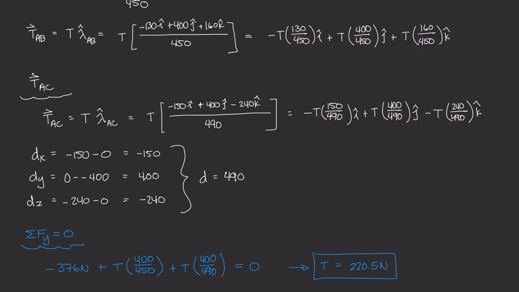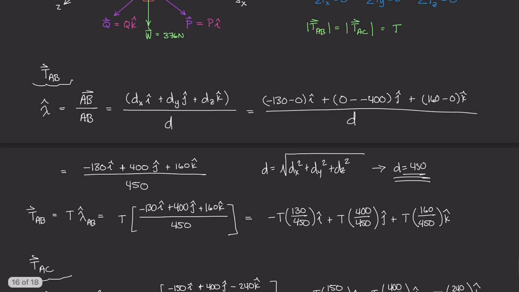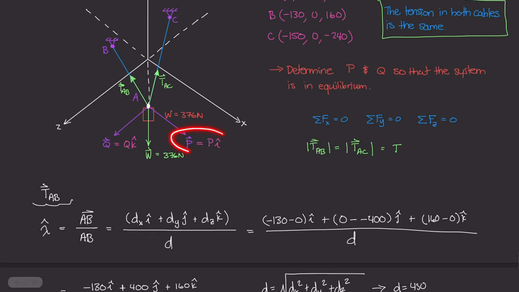Okay, so now what do we want to do? Well, now that we know t, we know the force components in the x direction and the z direction for both of these tension forces, AB and AC. And we can use that information to now figure out what this P force is and what this Q force is.